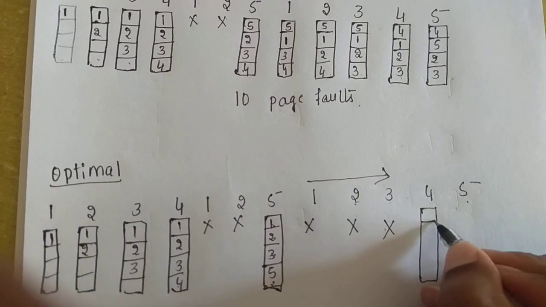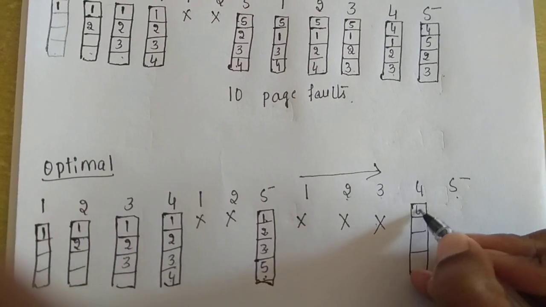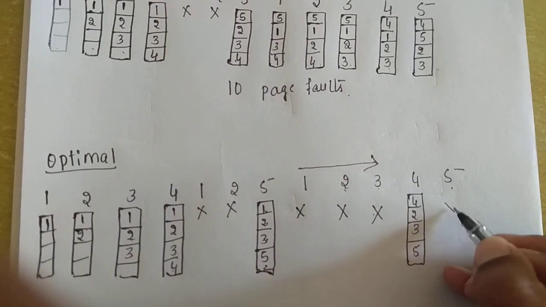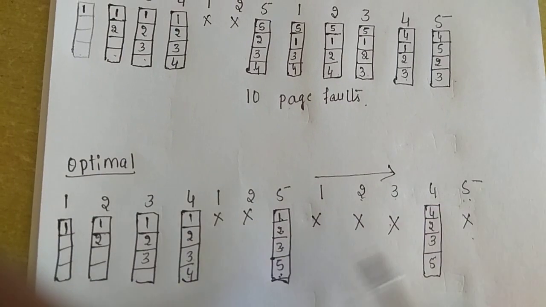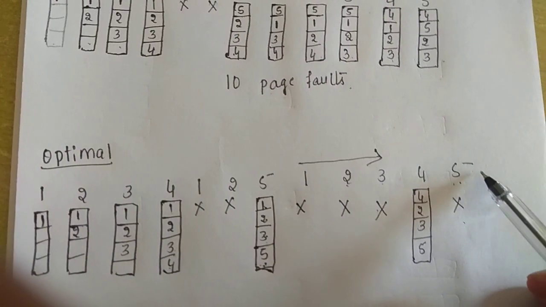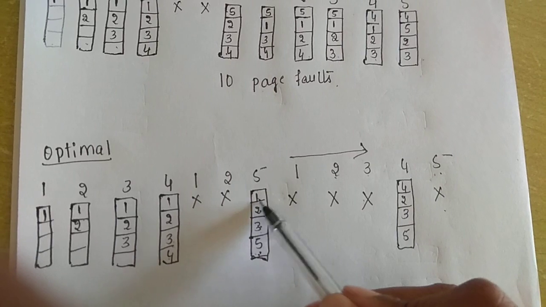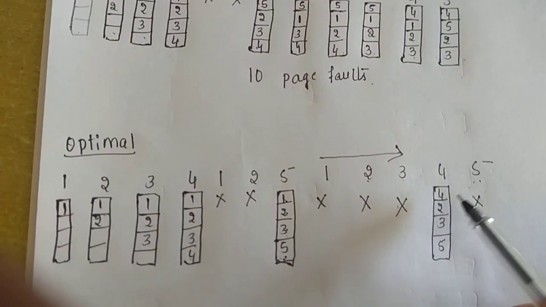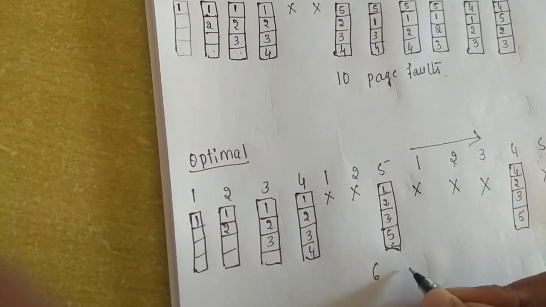So I'm going to consider the first element, that is 1, to replace with 4. Remaining I'm going to keep as it is. 5 I was not able to replace, and 1, 2, 3 were not at all there in the list, so I have chosen the first in, that is 1. So I have replaced it with 4. So the page faults are 6.